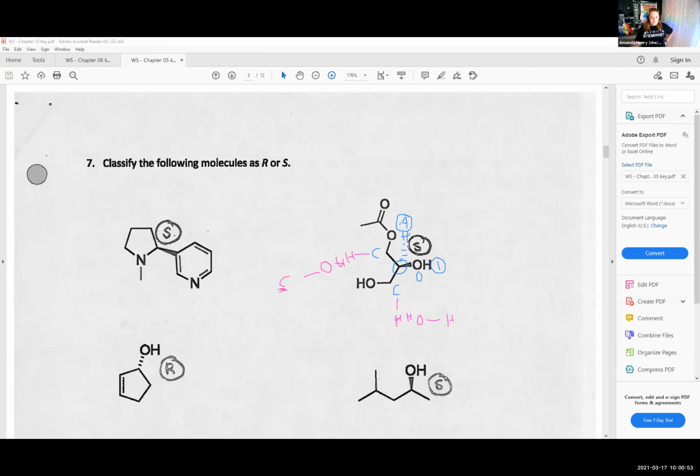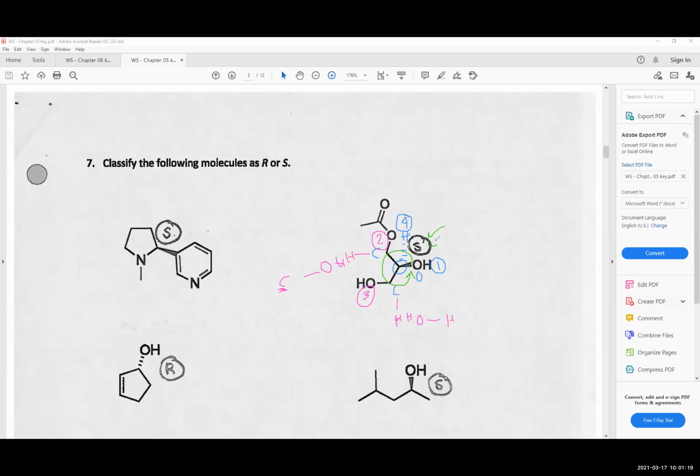Carbon has a higher atomic number. So this is our 2nd priority, and this is our 3rd priority. And so then when we look at the order, we do 1, 2, 3, and it's going counterclockwise around that carbocation, and that's how we get the S.